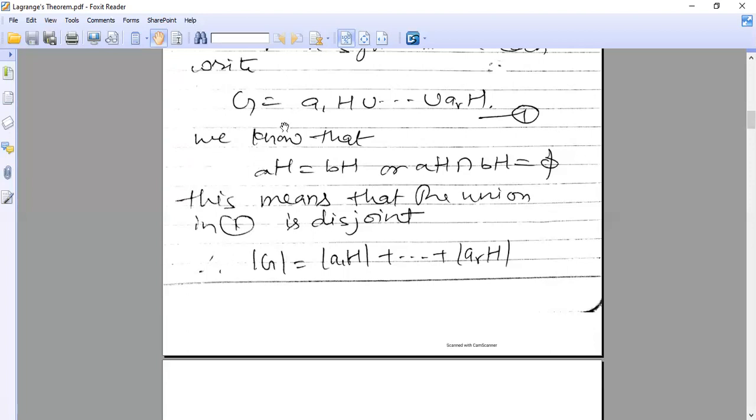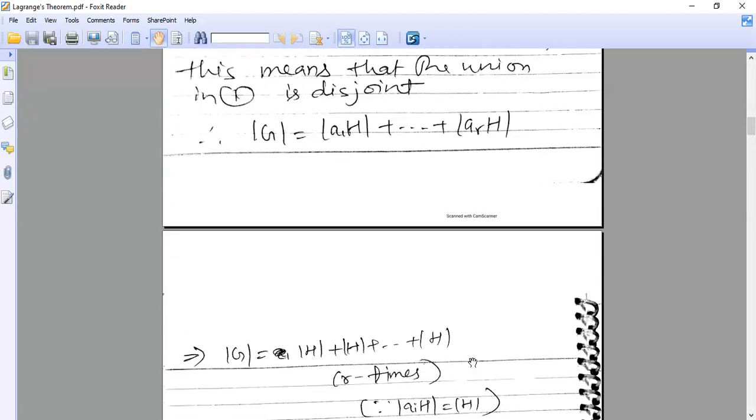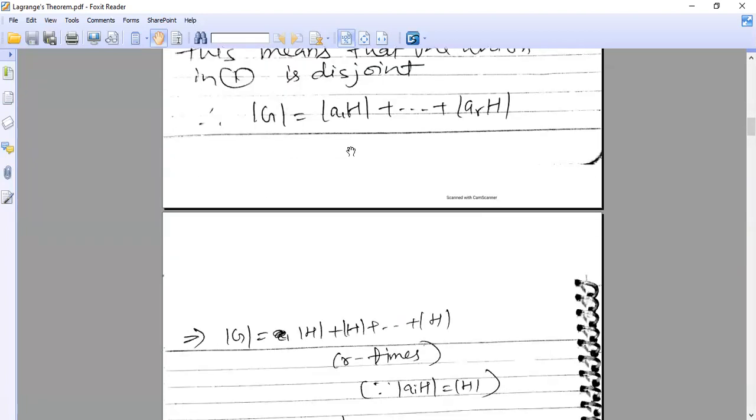So order of G is equal to the order of this whole thing. And this can be broken down like this because the union is disjoint: order of A1H plus order of A2H plus order of ARH. And as I told you, the order of the coset is equal to the order of the subgroup. So order of A1H is equal to order of H, order of A2H is equal to order of H, and order of ARH is also equal to order of H. Now these are order of H plus order of H plus order of H, R times.